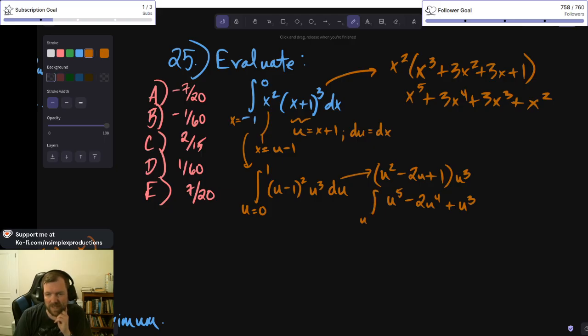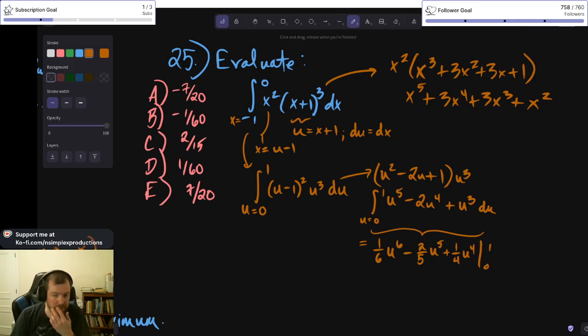So if we're doing this, u goes from 0 to 1 du. Then this one is going to be equal to 1/6 u to the 6th minus 2/5 u to the 5th plus 1/4 u to the 4th, evaluated from 0 to 1.